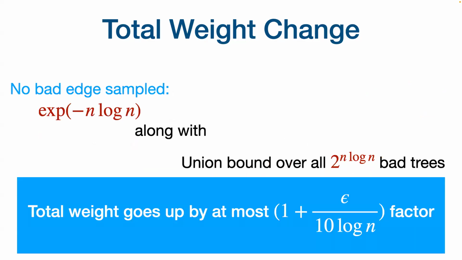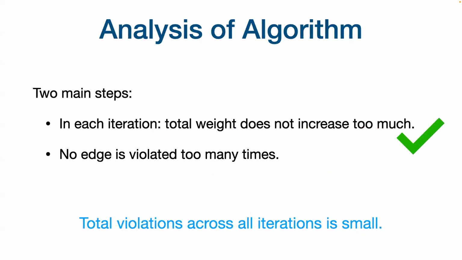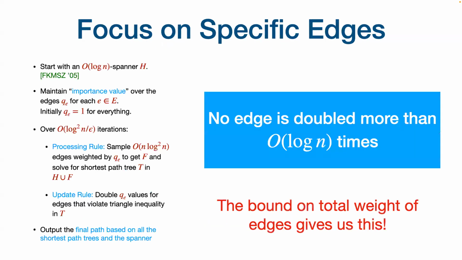All right, so we've shown that the total weight goes up by at most 1 plus epsilon over 10 log n factors. The rest of this is simpler than this kind of tree argument. The next part is to show that no one edge is violated too many times. For this part, we're just going to use the previous bound.